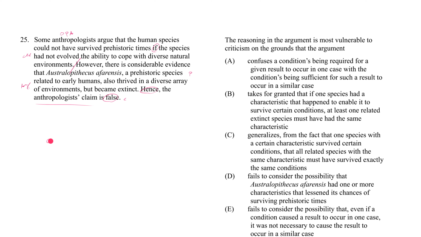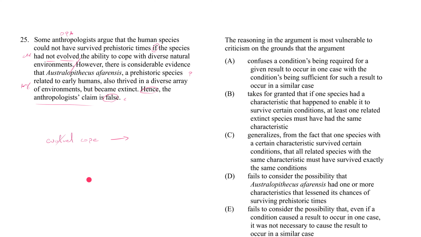If they had not evolved the ability to cope, then, and again, notice I'm just suppressing a lot of details, right? I don't mean that those details are not important. Of course they're important, but to save space, I'm not writing them out. What does this mean? This means not evolve ability to cope with diverse natural environments. All of that is getting captured in this, okay?